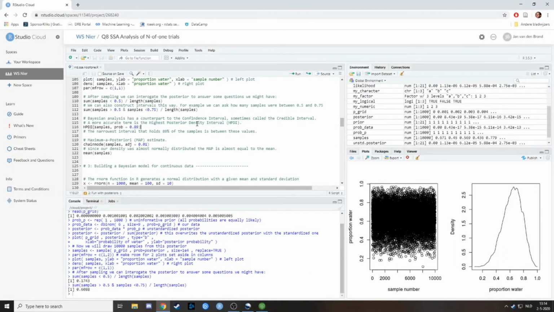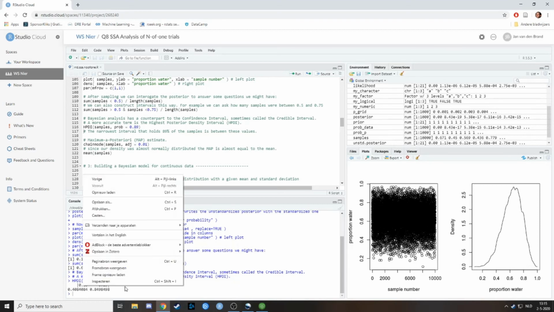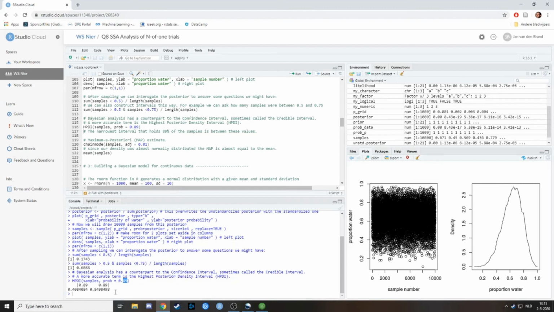Obviously, this 95% is just a convention, so we can take other values like 0.89. Why 0.89? Because it's a prime number. And here we see that if we take the highest posterior density interval, which is sort of like the confidence interval, the 89% interval resides between 41% water and 85% water, approximately.